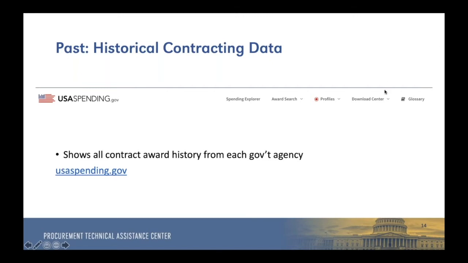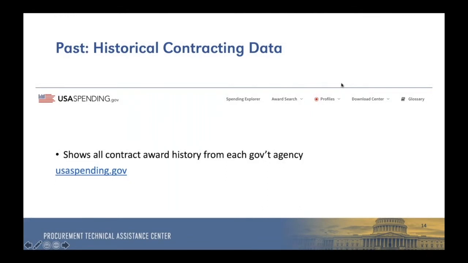We're going to be looking at USA spending, and this, as Daniel said, is the historical data. It's a website that is more user friendly, that feeds off of a huge database where all of the data is mandatorily put in by the federal contracting officers.